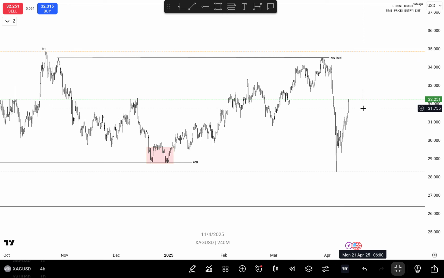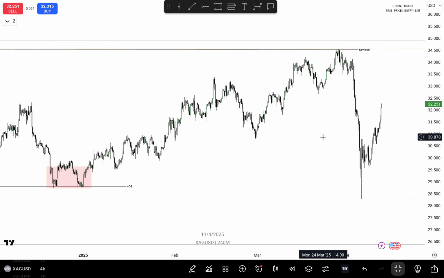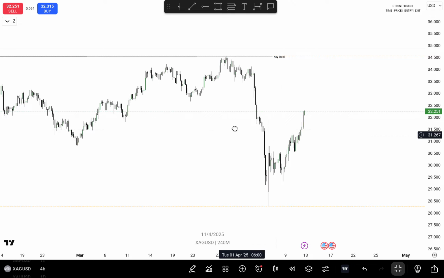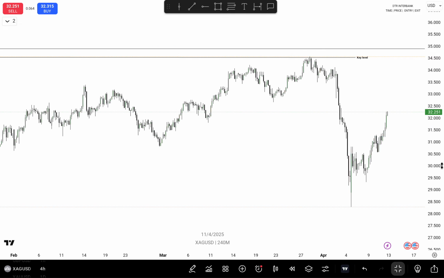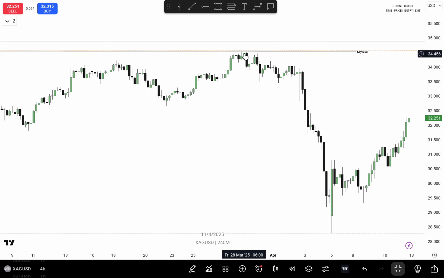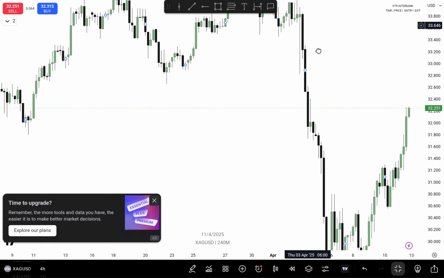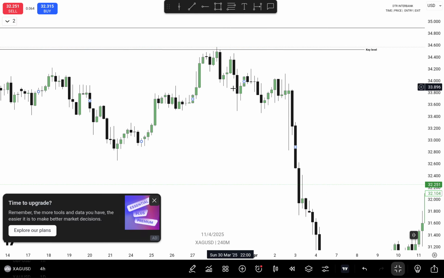Okay, and then as soon as price taps that level right there, we did it around Friday, March, around 6 a.m., and we have that displacement. We always want to see this.